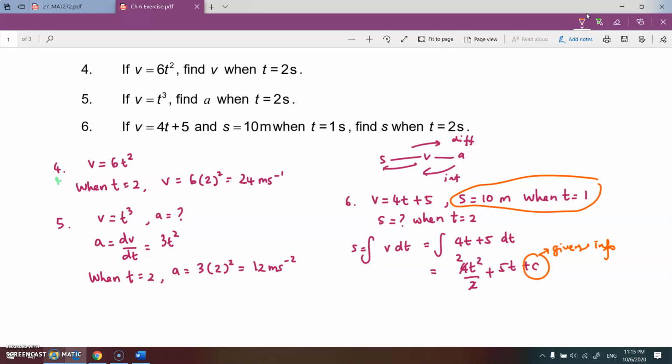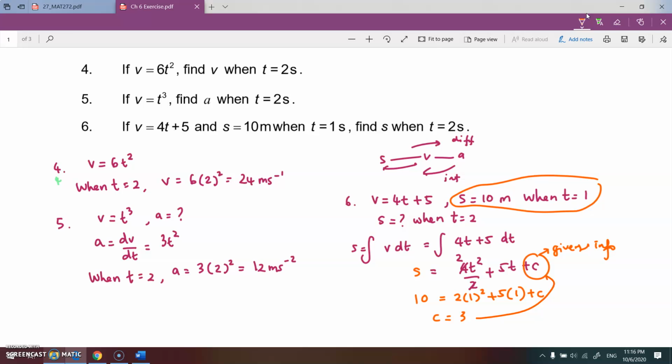S is equal to 10 when t is equal to 1. So you substitute and then find c. So c is 10 minus 2 minus 5. So your answer is 3.